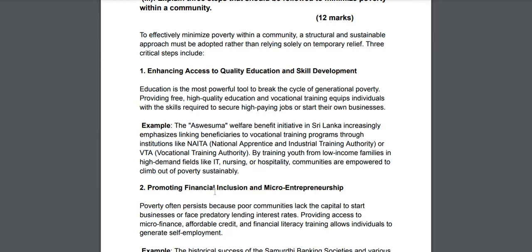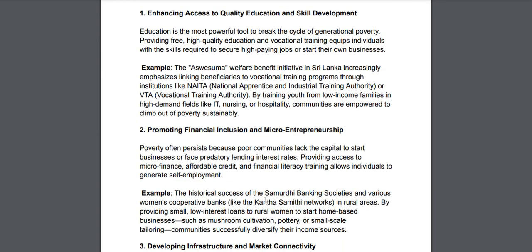So in order to do that, they have introduced Samurdhi banking societies, right? So here you can remember this example, Samurdhi banking societies and various women's cooperative banks like the Kanta Samiti networks, right, in rural areas. So here you can remember these things. When you are answering, you can use them. Okay, so yes, that is it.